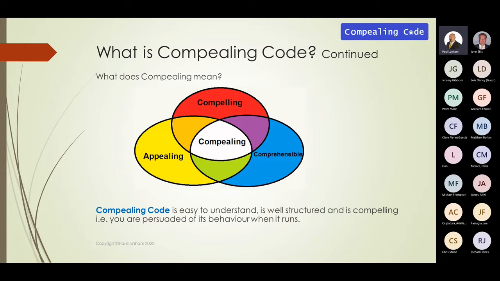So, having good, readable code is one thing, but having good design and good structure is also important. And then the last thing, you've got to be able to trust this software. I mean, if you use a banking application and you take out 20 quid, but it's taken out £100, you wouldn't be very happy, would you? So you've got to have trust in the software that you are producing.